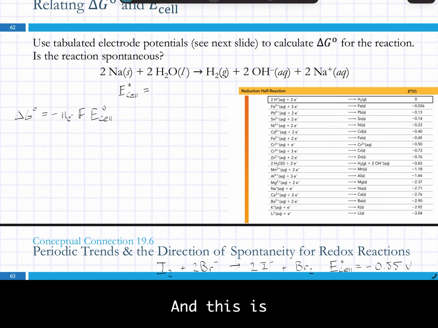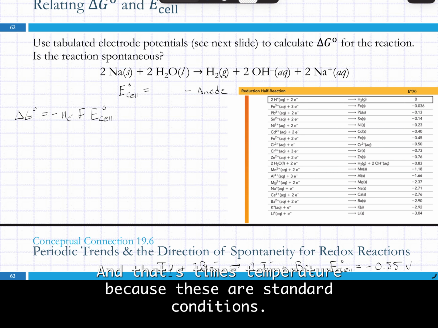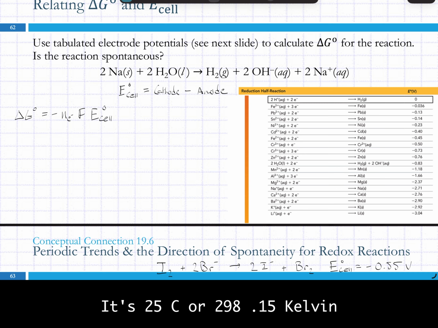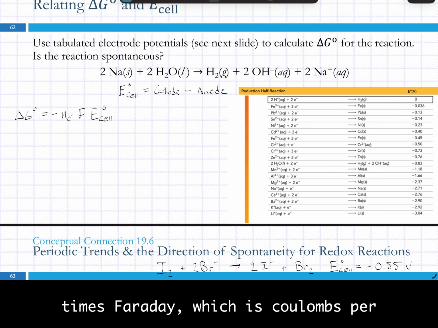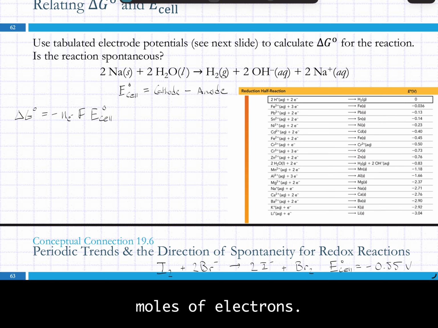And this is still moles of electrons. What this means is if we're using R as 8.314, the thermodynamic R, which is joules per mole Kelvin, times temperature, because these are standard conditions, it's 25 C or 298.15 Kelvin, divided by moles of electrons times Faraday, which is coulombs per mole of electrons.